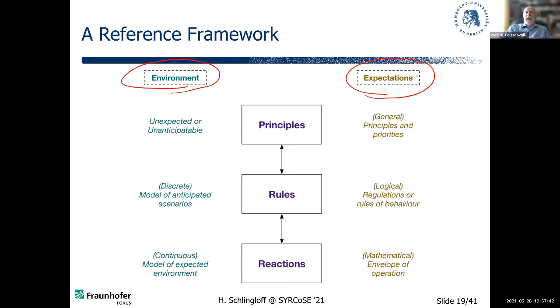Well, of course, for the reactions layer, we have a model of the expected environment. For example, how to steer a car on the road. If you turn the steering wheel, how will the car behave? What will be the trajectory?